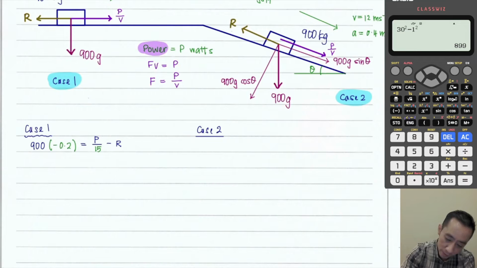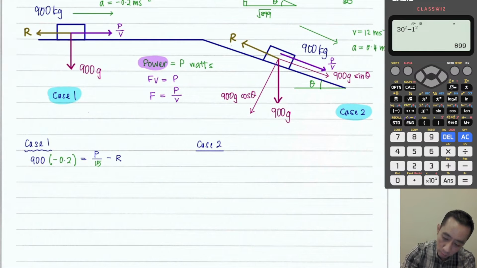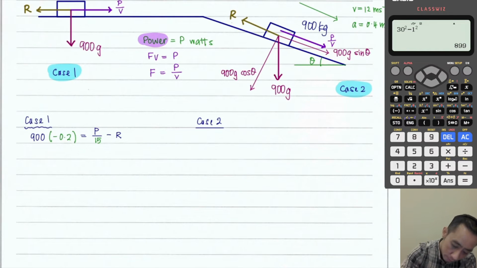So for the second case here, the acceleration A is 0.4, which means the resultant force is 900 times 0.4 equals to.